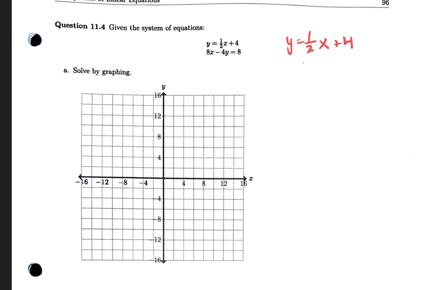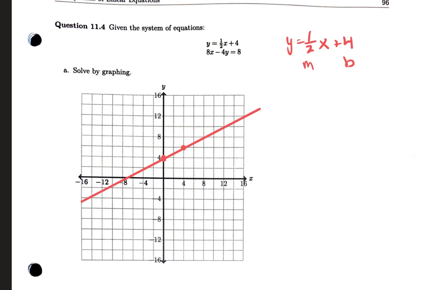And we've got our slope and our y-intercept. So on this first one, the y-intercept is 4, and our slope is rise 1, run 2. So I don't know if you can see the ruler as I'm putting it up here. It's kind of nice because it just helps me draw a nice straight line. All right, so there is that one.